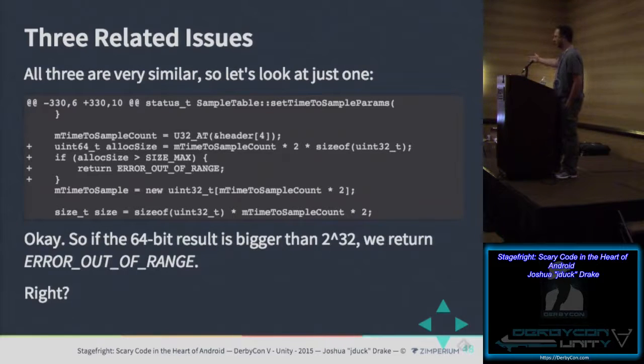Oh, well, that comes out of the file. And they're like, well, if we do this math and store it in a 64-bit integer, no integer overflow will occur. We will detect that it's larger than a 32-bit possible value, and then we will say, error.